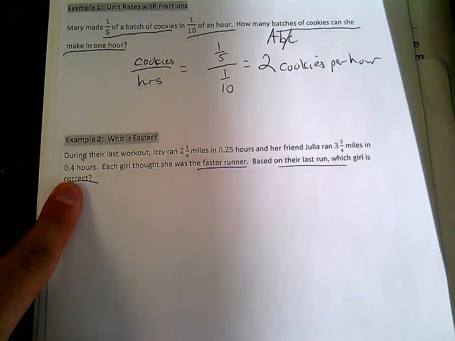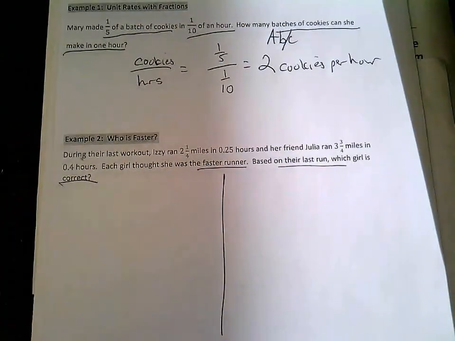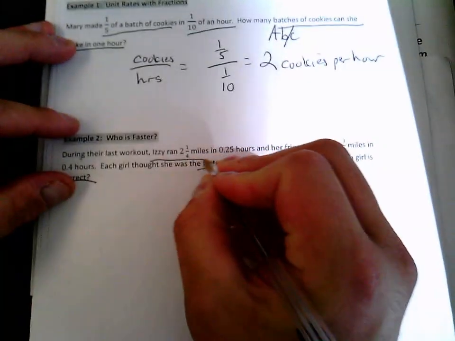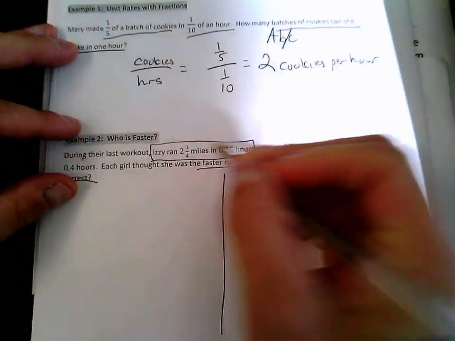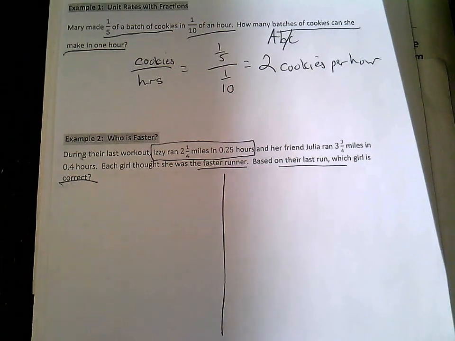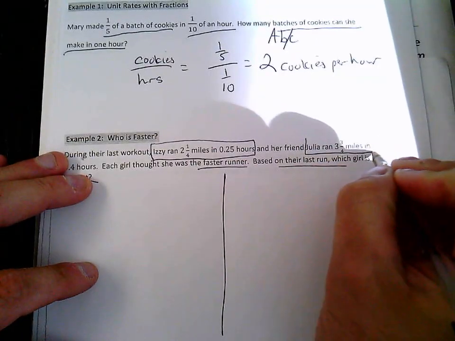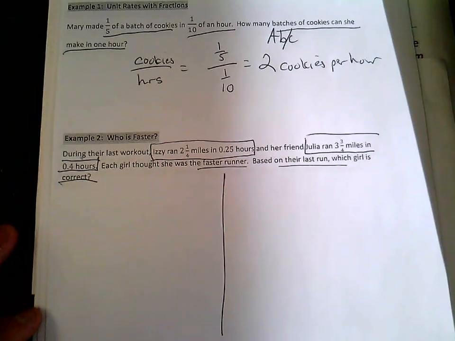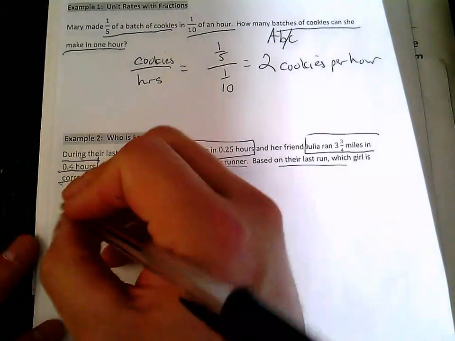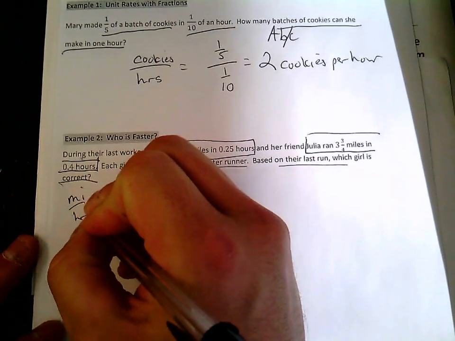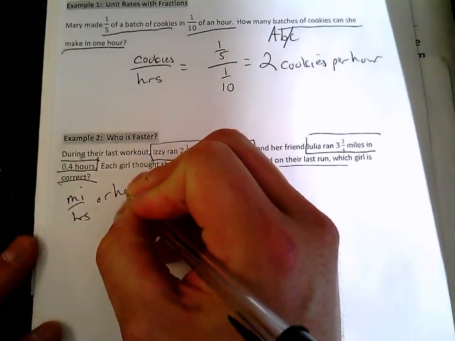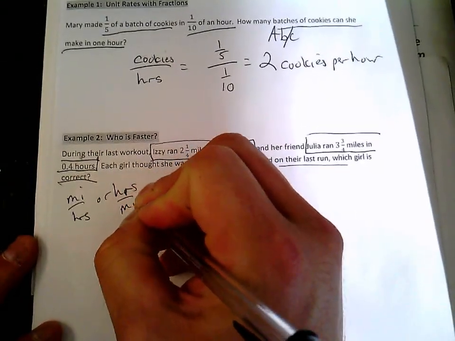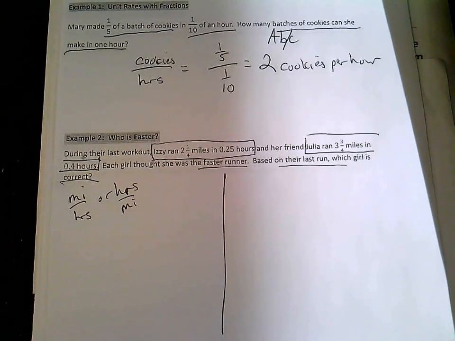Which girl is correct? So we've got 2 girls, so I'm going to split this up into 2. We've got Izzy, who ran 2 1/4 miles in 0.25 hours, and Julia, who ran 3 3/4 miles in 0.4 hours. So the question becomes miles over hours or hours over miles, because it doesn't tell you.